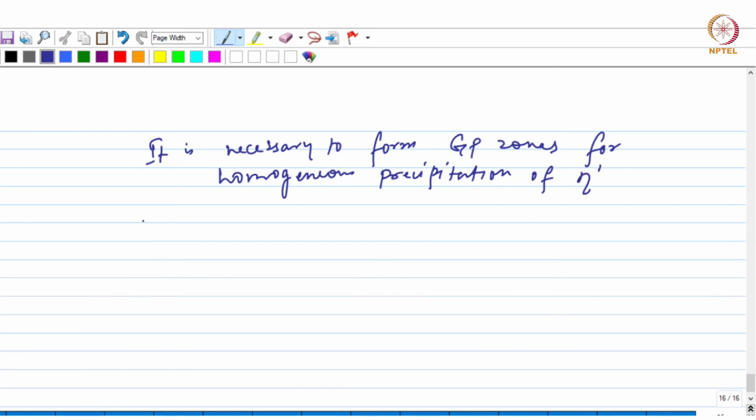Aging temperature for the 7000 series alloys is typically in the range of 115 to 130 degrees Celsius. And a very popular alloy in this series is the 7075.